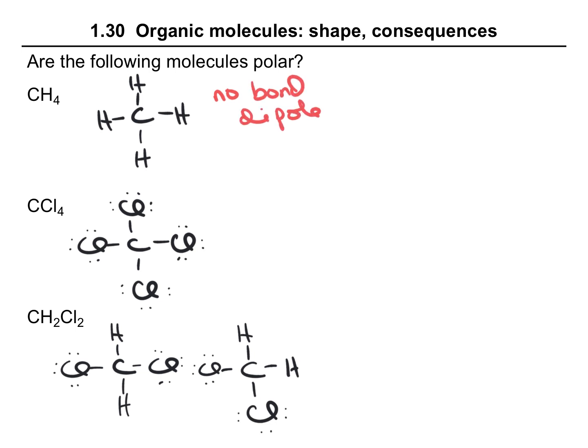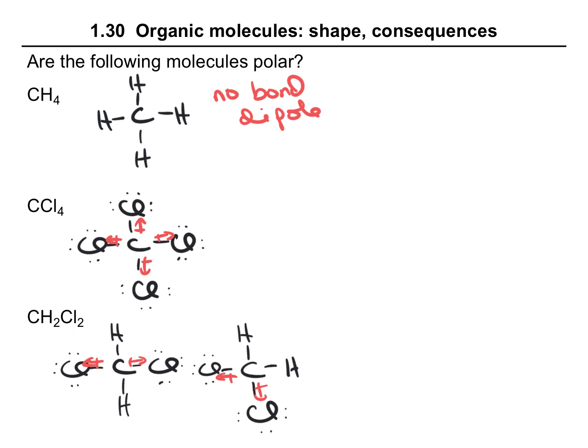In our next example, chlorine is more electronegative than carbon, so we have a bond dipole here, and here, and here, and here. And in our third example, no bond dipole between carbon and hydrogen, but we do have a bond dipole between carbon and chlorine. Chlorine is more electronegative than carbon, so the dipole arrow points toward chlorine.